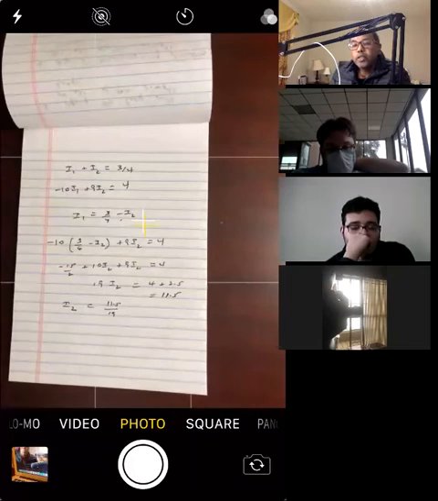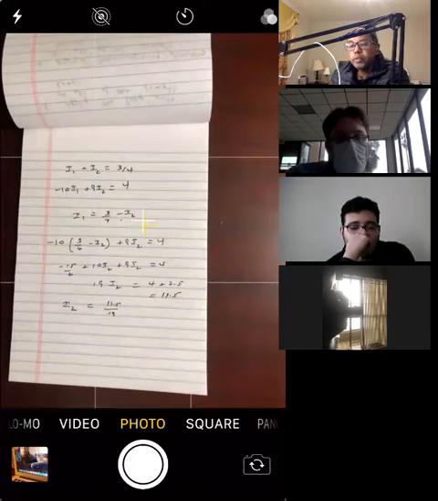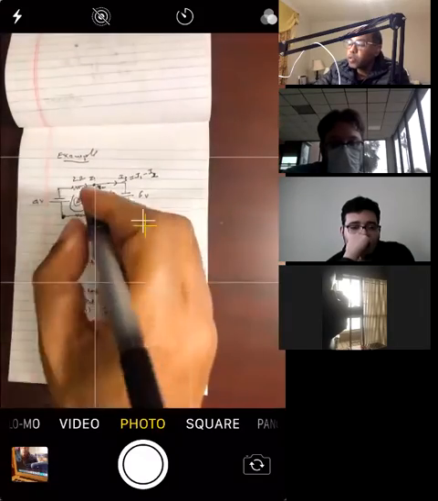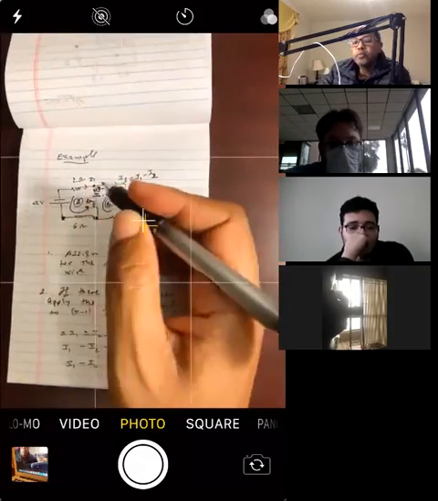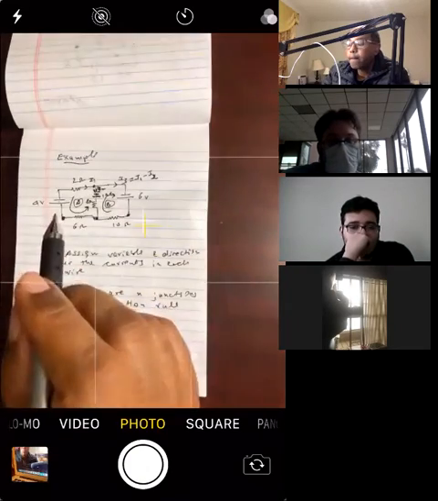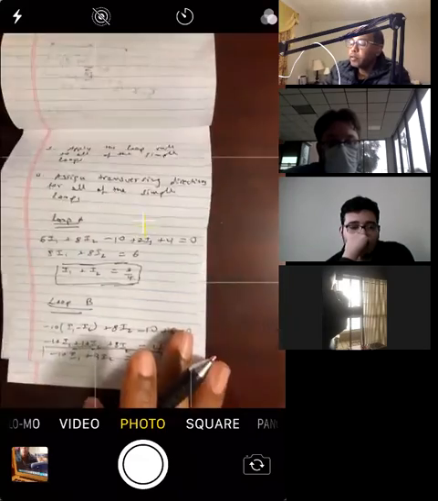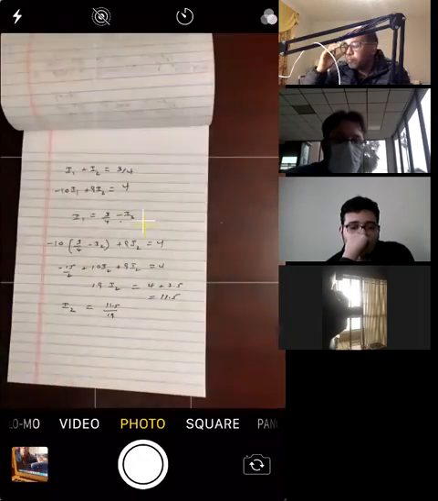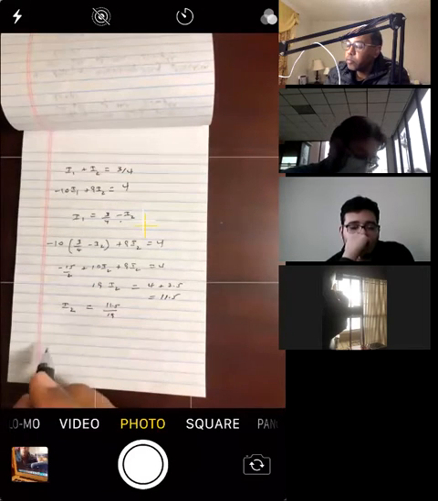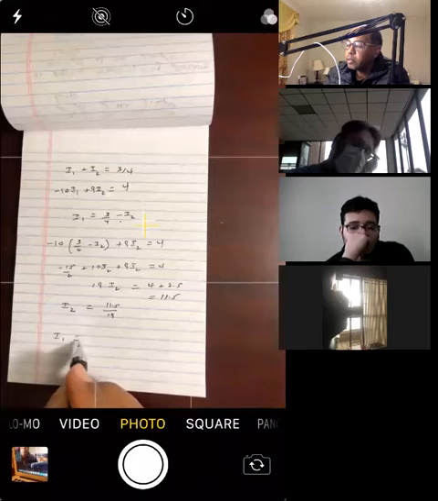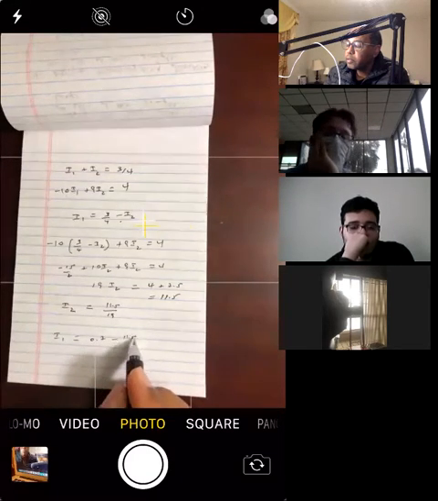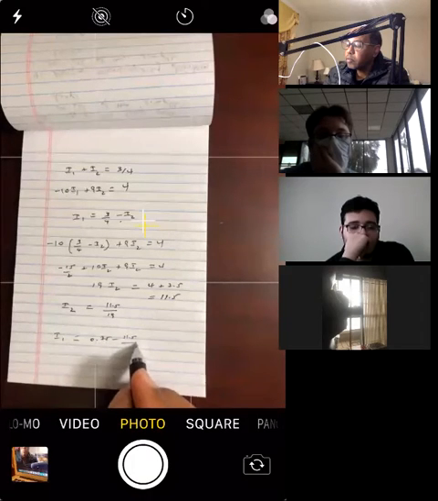So what does the fact that it's positive tell me? This was just an assumption. We assumed the current was going this way, but the fact that it's positive tells me my assumption was right. So I2 is actually going this way. Then you calculate I1 from here. I1 is 0.75 minus 11.5 over 19.